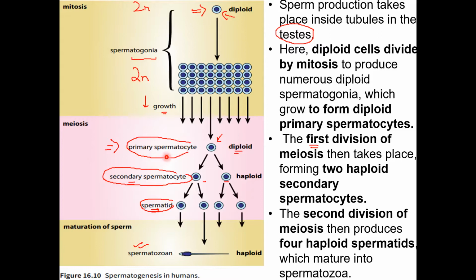Now this primary spermatocyte undergoes the first meiotic division and forms two haploid cells, which are known as secondary spermatocytes. The secondary spermatocytes then undergo the second meiotic division and form four haploid spermatids. Then the spermatids will mature into a spermatozoon, which is haploid, and the plural is spermatozoa. So this is known as spermatogenesis in humans.